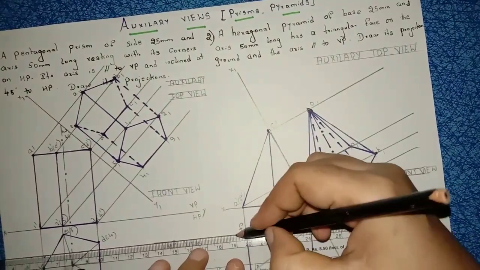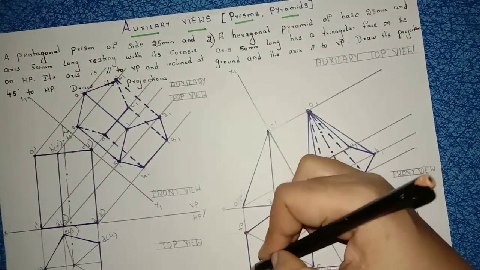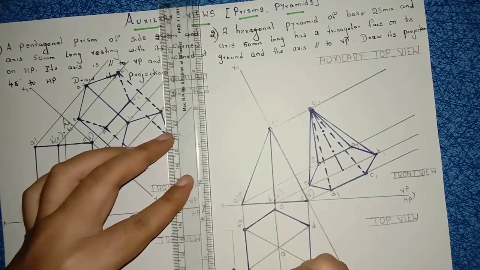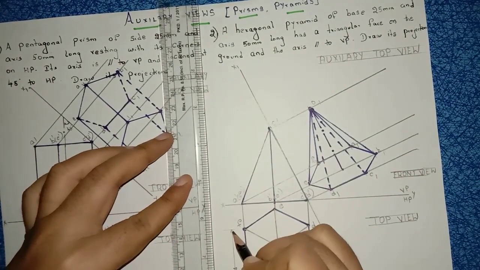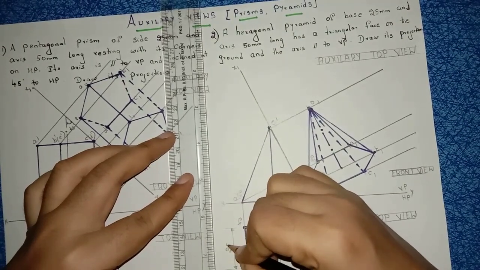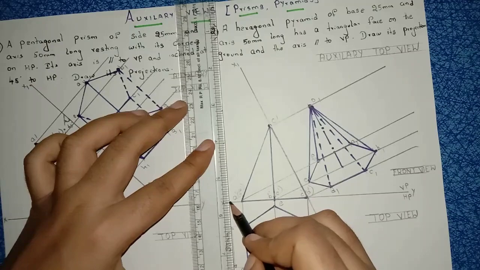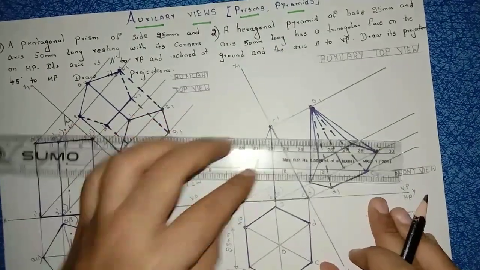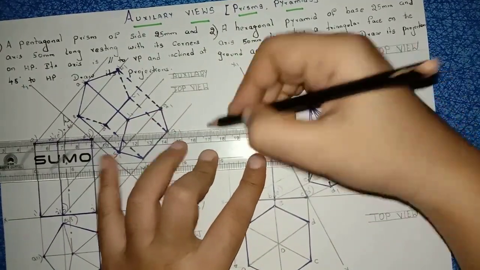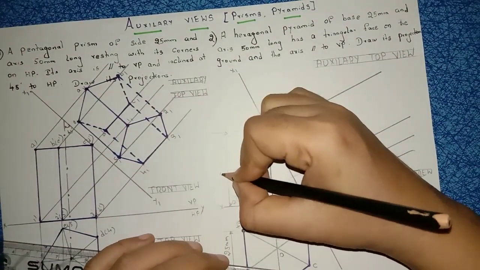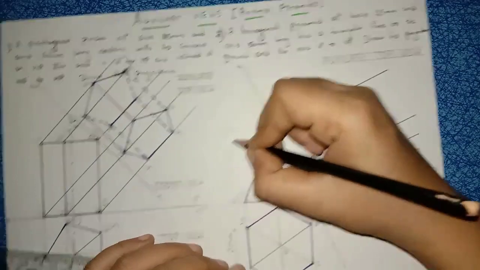In this question they mention the length of the hexagon is 25 mm, so take 25 mm here. And the axis height is 50 mm, take axis height 50 mm. For the first problem also you have to mark dimensions.